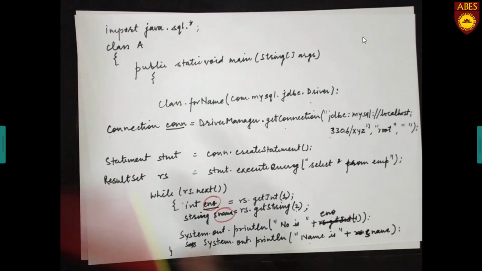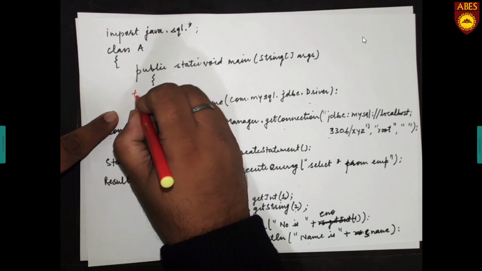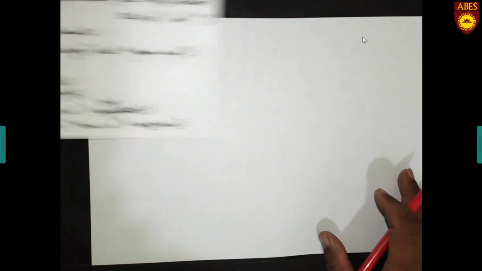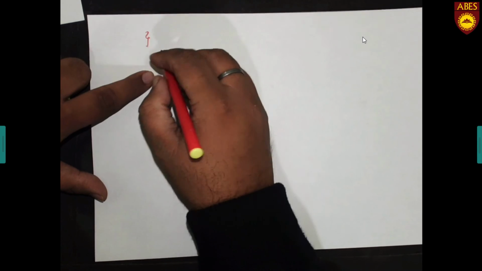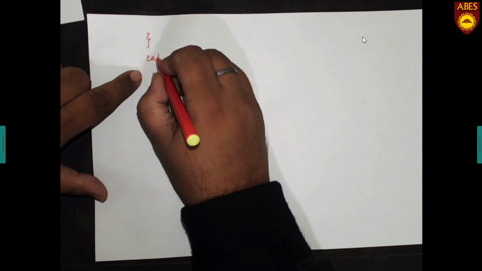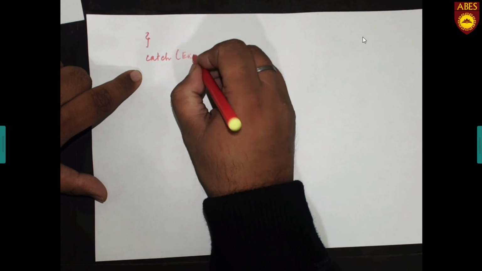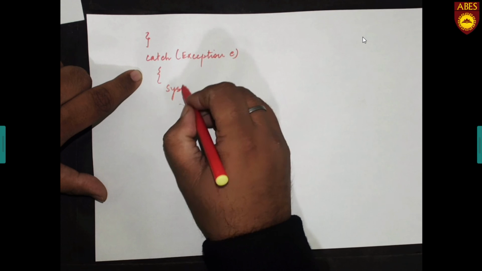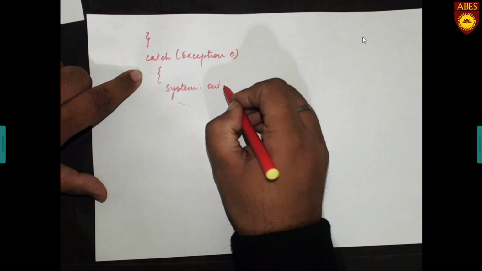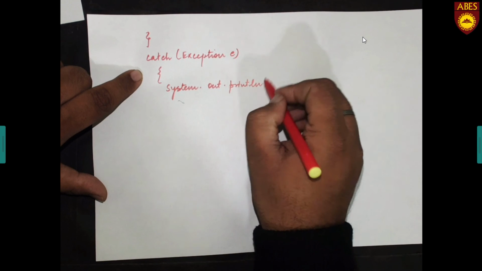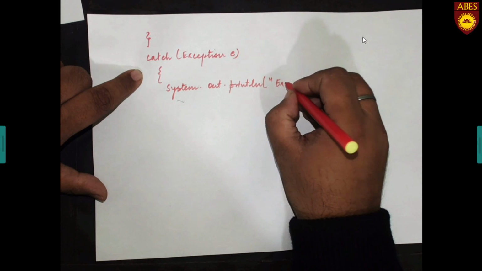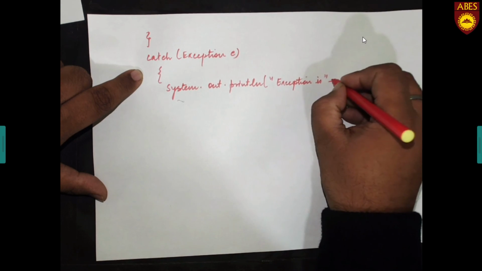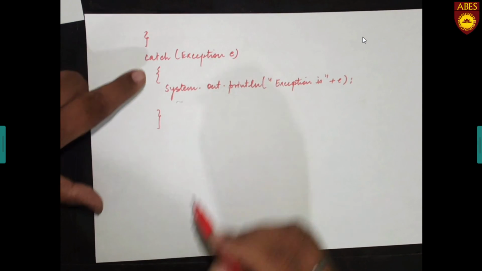For this we have to specify an exception and use a try block, and this try block will be closed at the end, and the exception should be specified: catch Exception e, and System.out.println exception is.